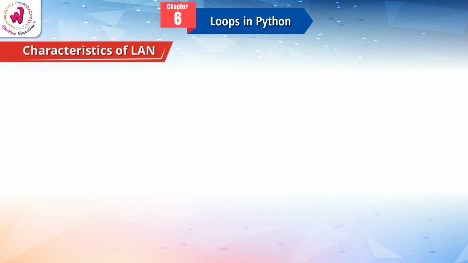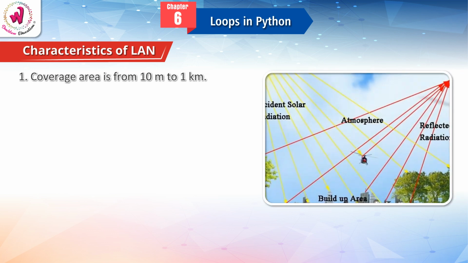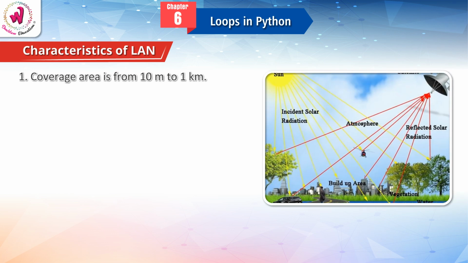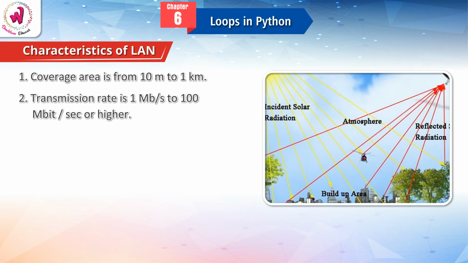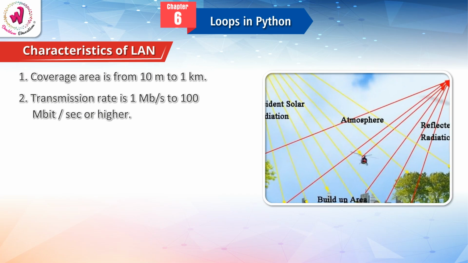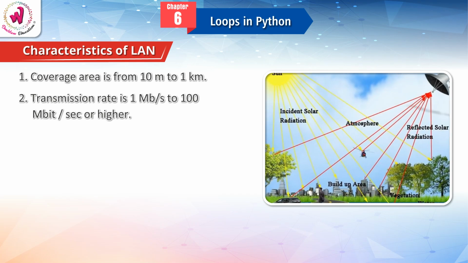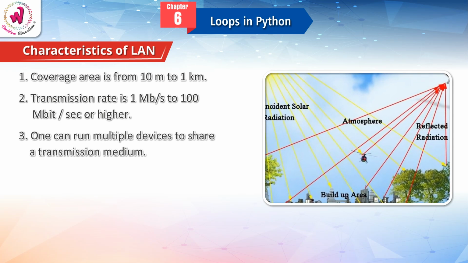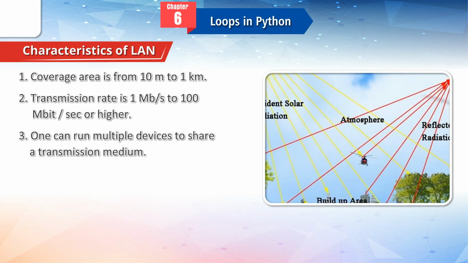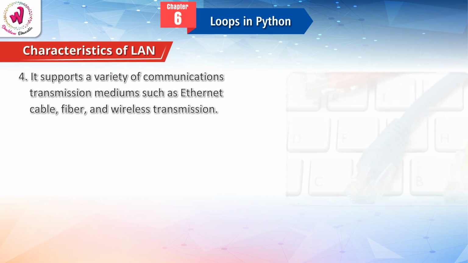Characteristics of LAN. 1. Coverage area is from 10 meters to 1 kilometer. 2. Transmission rate is 1 MB per second to 100 MB per second or higher. 3. One can run multiple devices to share a transmission medium. 4.